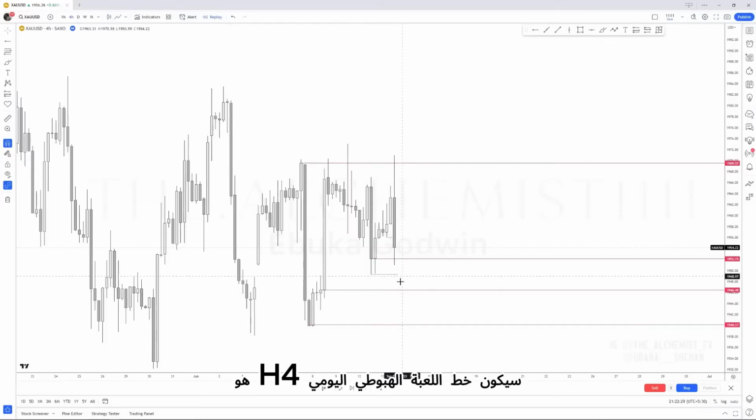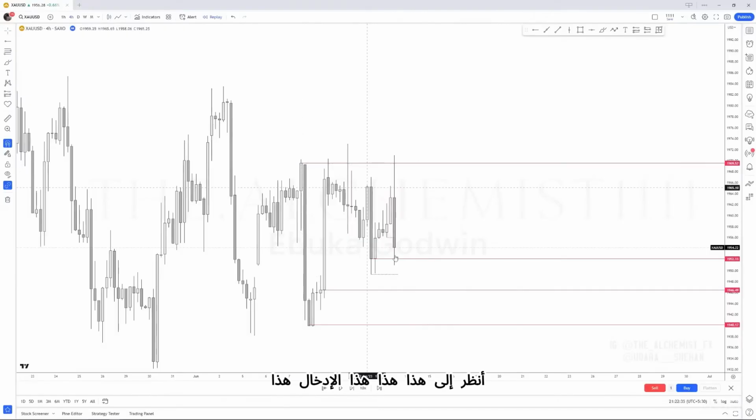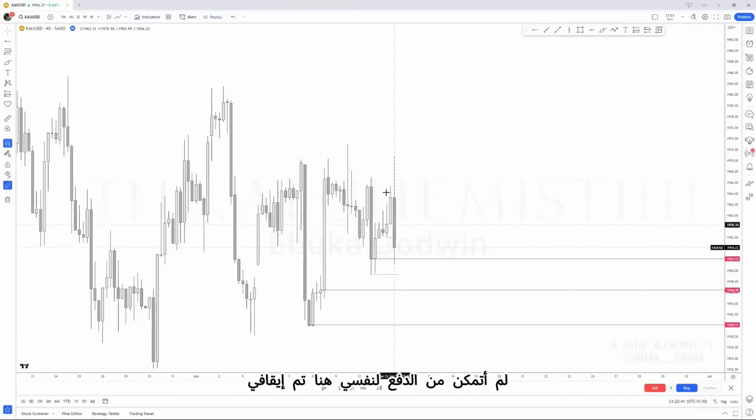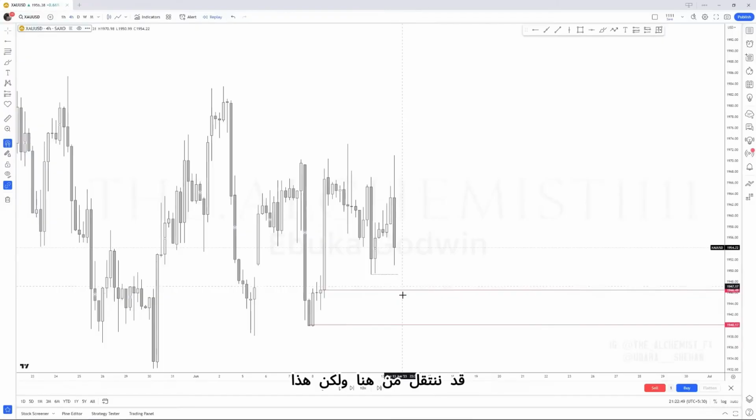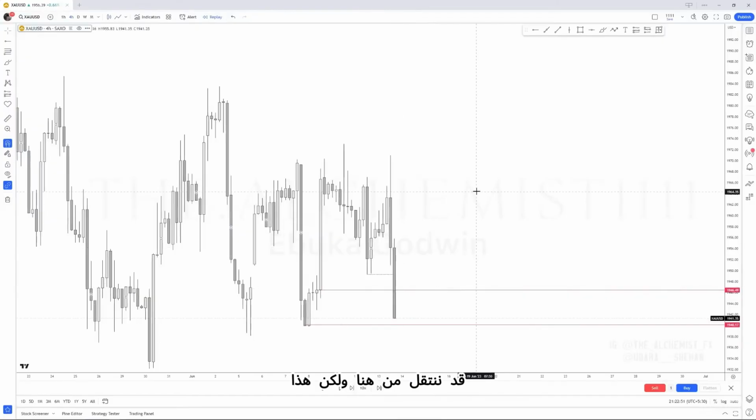Because in a daily bearish storyline, H4 will be the time frame for entries and obstacles. So this entry, all of it was from the H4. Then I couldn't pay myself here, got stopped out at break even, and then had a buy limit set here, did not expect to get stopped out. I thought we might move from here, but this happened.